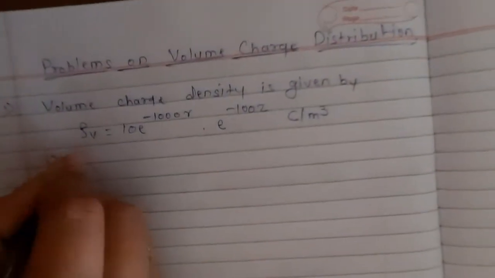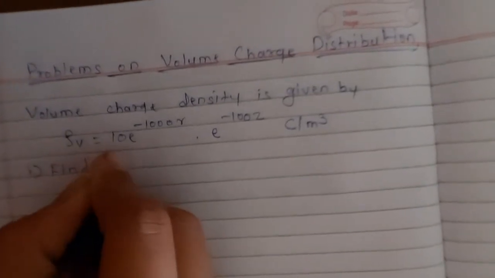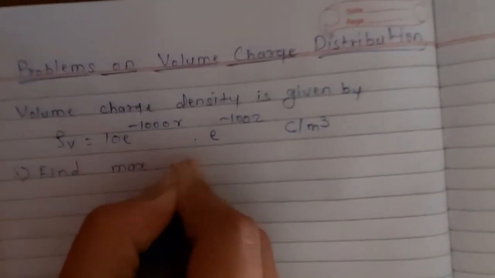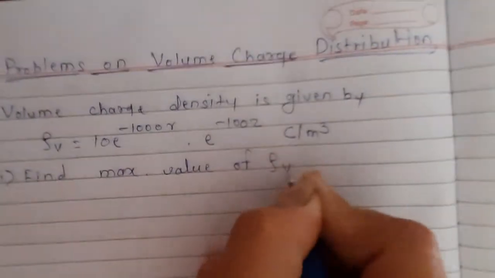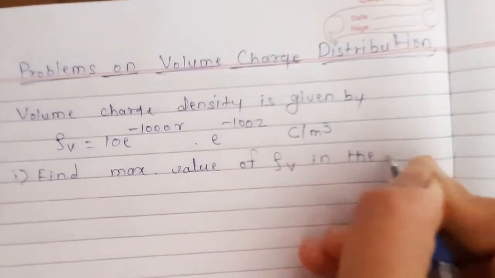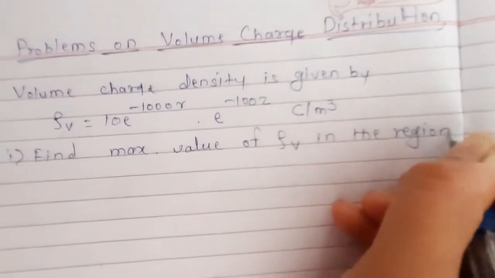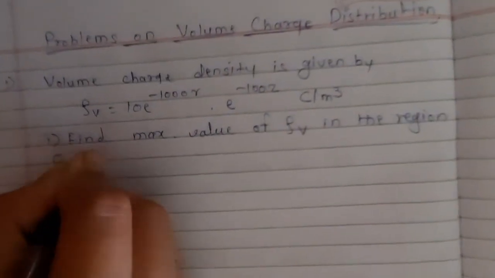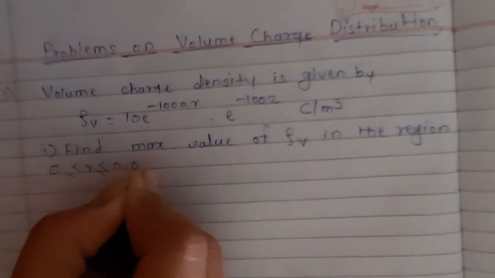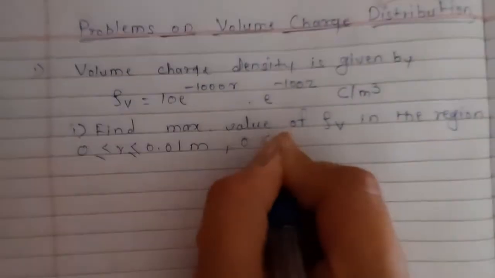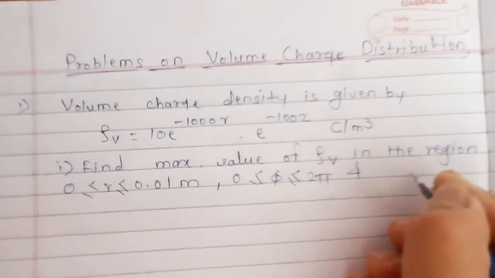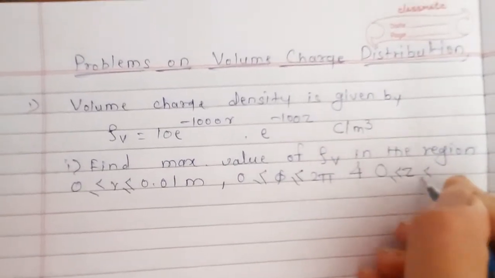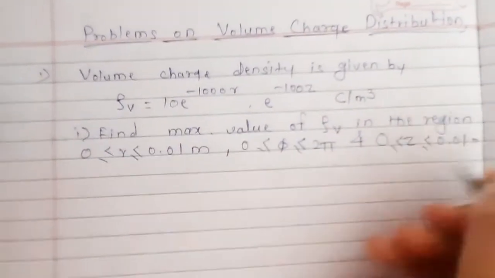Then find the maximum value of rho v in the region, and z is in between 0 and 0.01 meter.